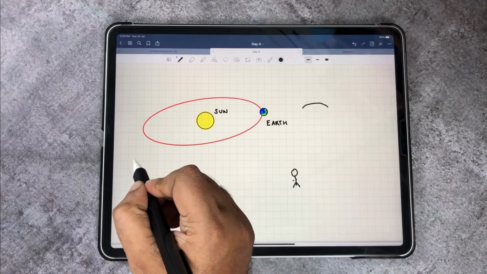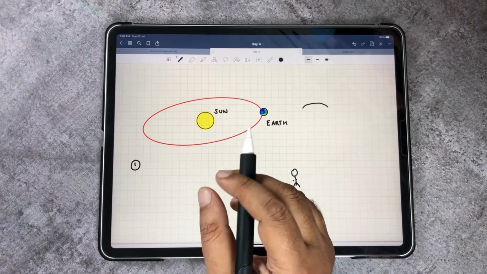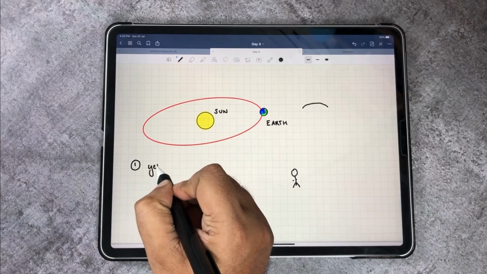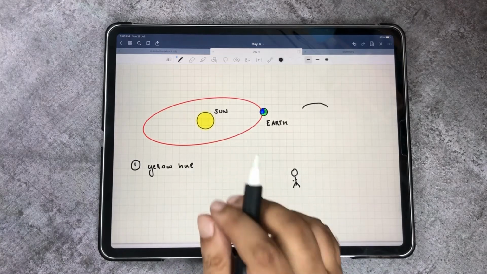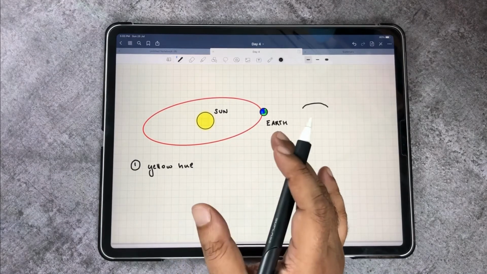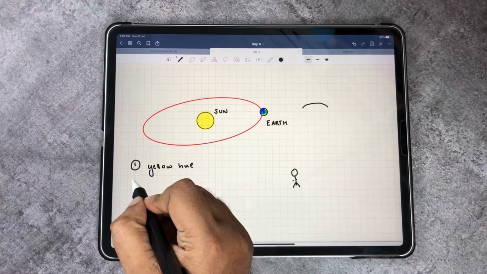In the first stage, as the sun slowly rises, first you will be able to see a slight yellow hue. That would be the first stage. After this, the yellow hue would go and there would be more of a white light. That would be the second stage.